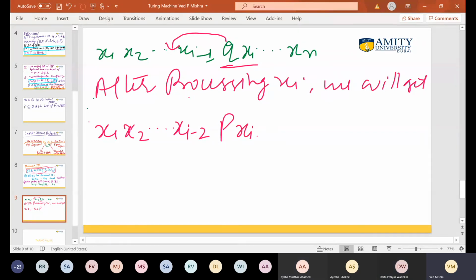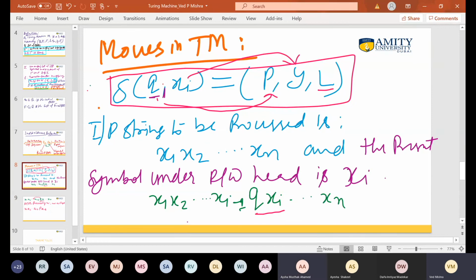And then xi minus 1. You understood how we are moving, q to p? Any confusion here? Anybody? See, this q became p, and it moved one cell left.